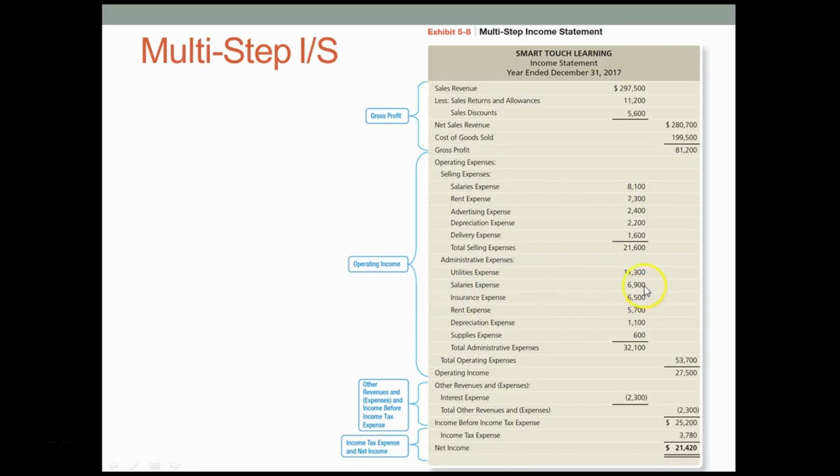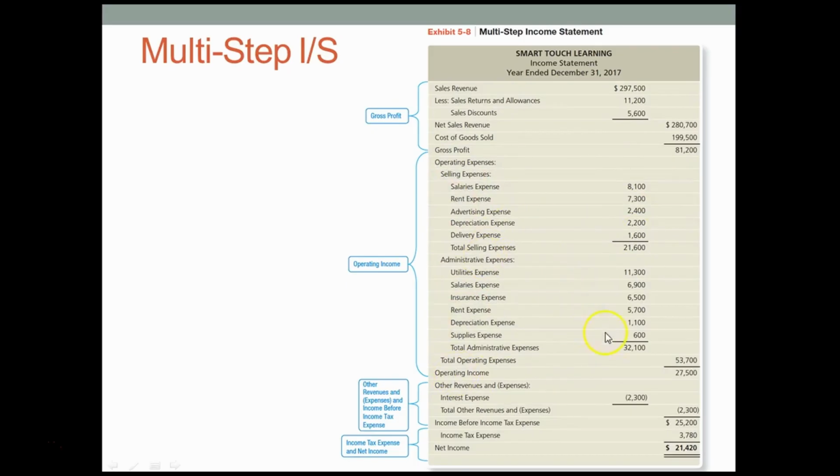So that's why you see some overlap between the categories, where you can have, for example, rent expense for selling and for administrative. It's determined by the function of what part of the business this rent is for.